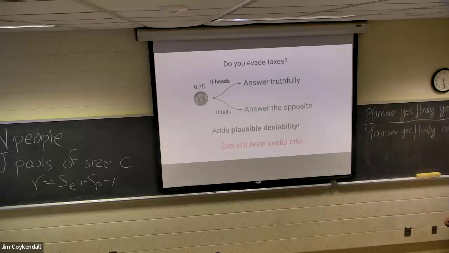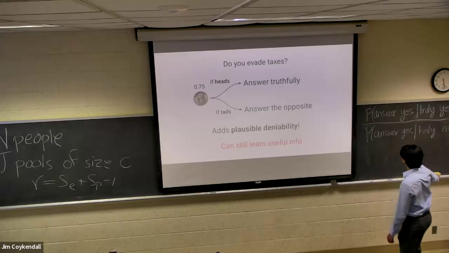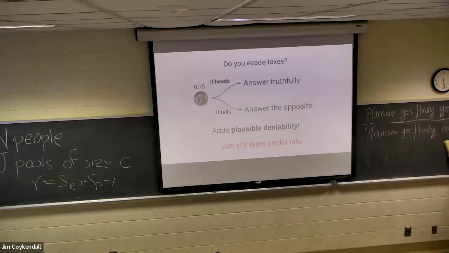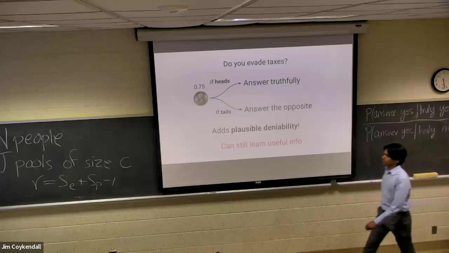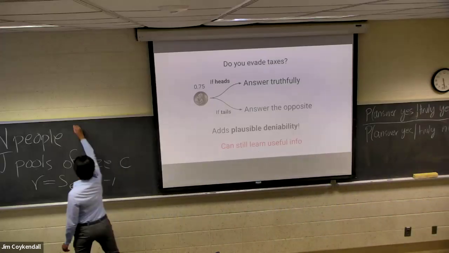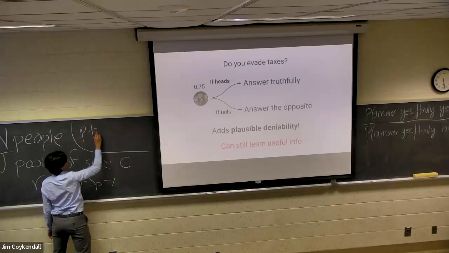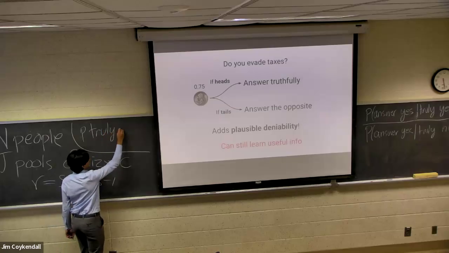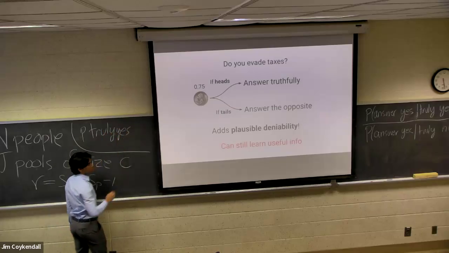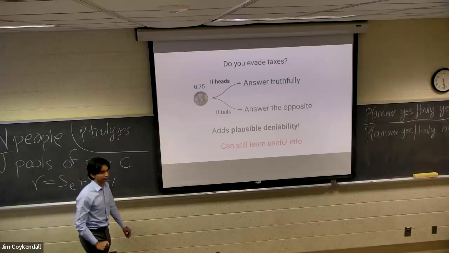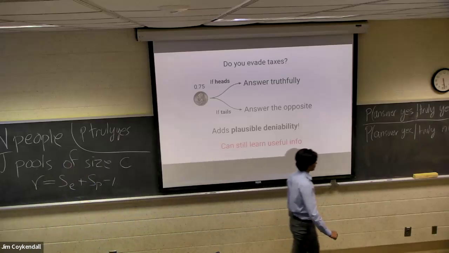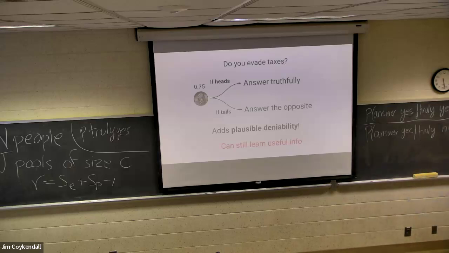and we also assume that there's some underlying probability. Let's assume a person has a probability p of being truly yes. Something interesting if you've read about differential privacy: differential privacy is a computer science concept, and there people really don't like to deal with distributions.